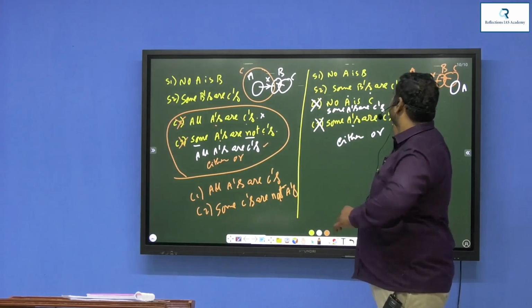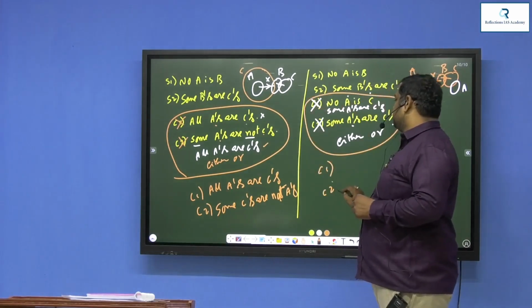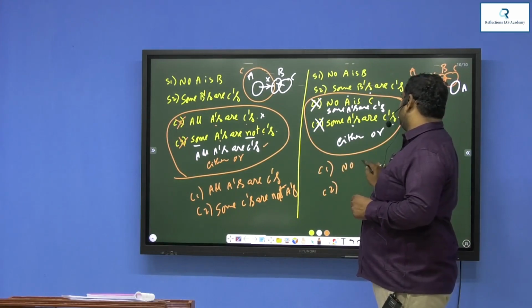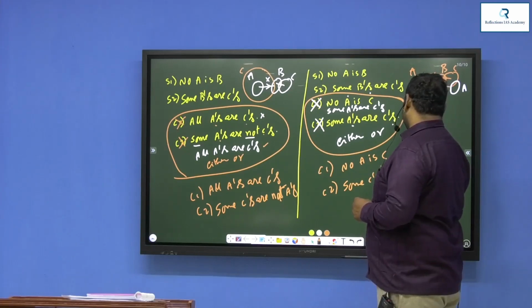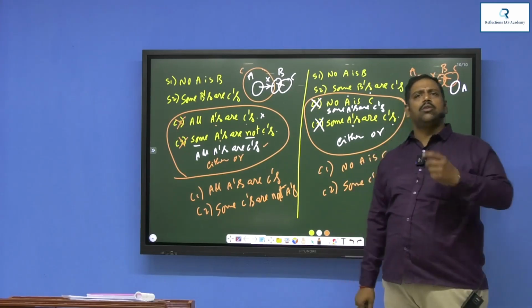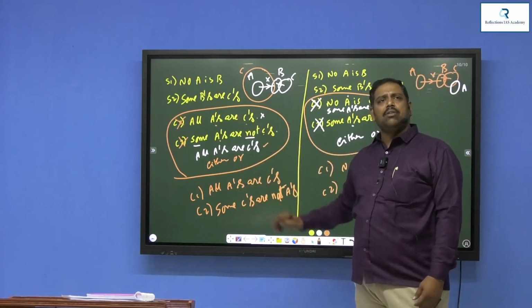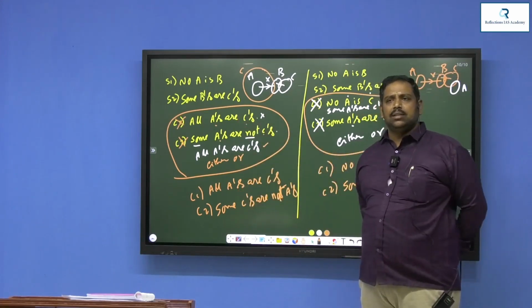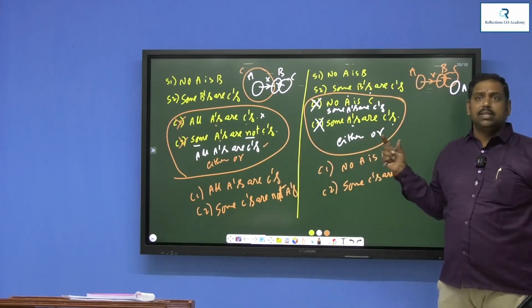Here also forget about this C1 and C2. I am going with fresh. No A is C. Some C's are A's. What you notice there? First one kept as it is, right? The second one, what I did? Just the subjects were interchanged. Same here also, right?